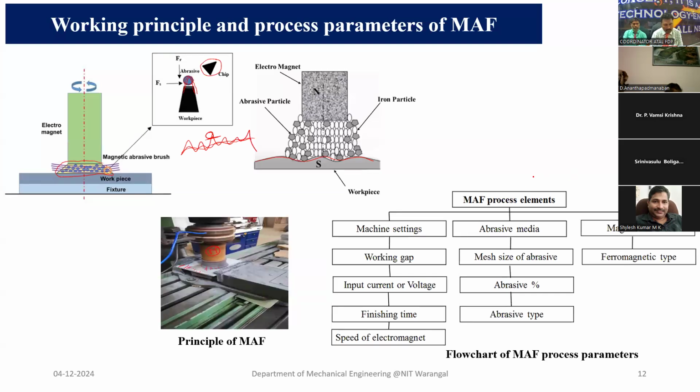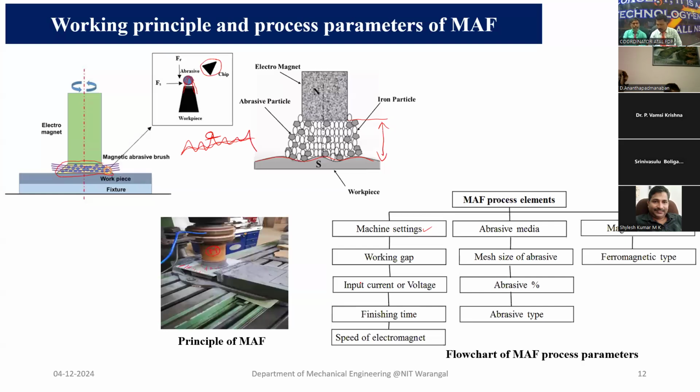Normally these are the parameters which we can change. One is machine settings, that is rotational speed, etc., and then the working gap. This is called the working gap or maybe standoff distance.